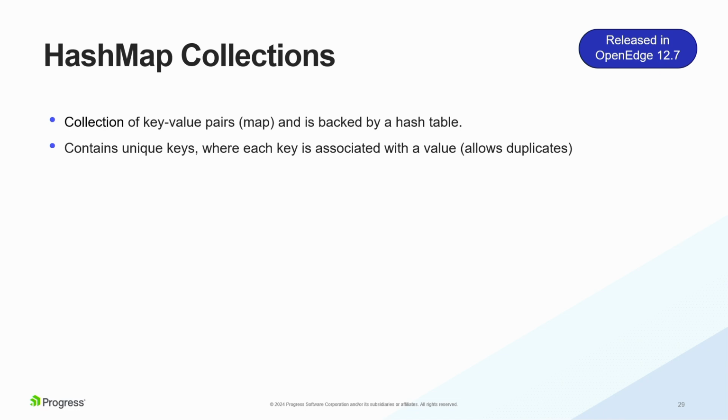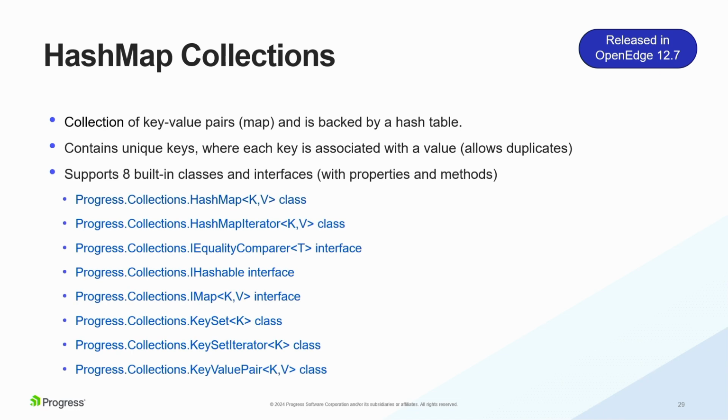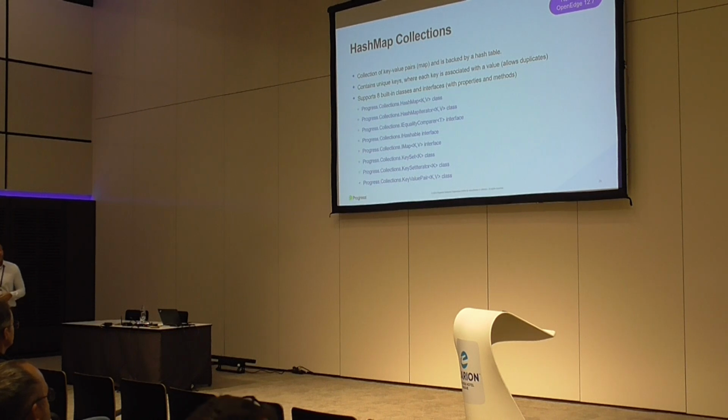The keys have to be unique. Just like the other collection constructs in OOABL, it supports 8 built-in classes and interfaces with their own properties and methods as well, and you can see the breakdown of interfaces and classes there.